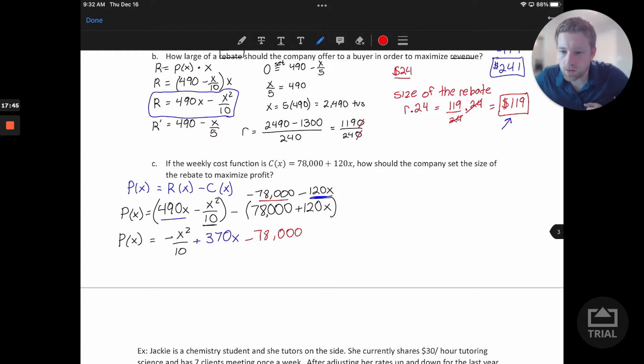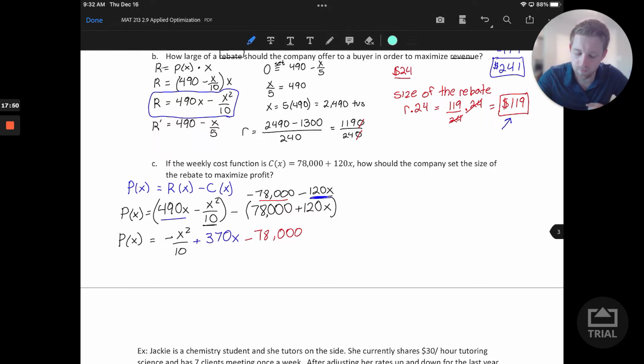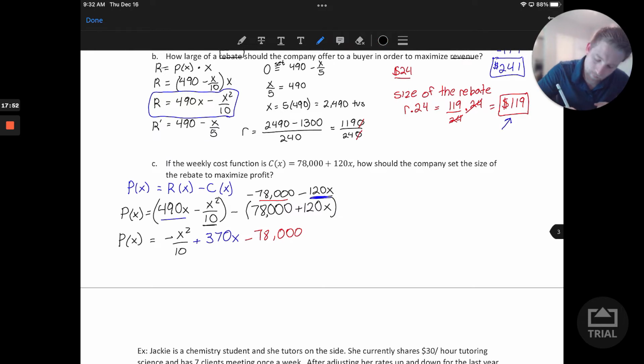All right, now we're ready to consider this derivative. We'll call it the P prime of X derivative. If we take this derivative, the start will be very similar to the revenue. So we'll have negative x over 5 plus 370. This looks like it is a linear function, so we'll have only one solution here.